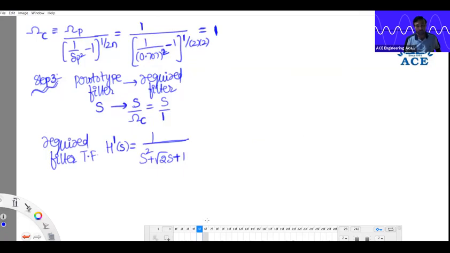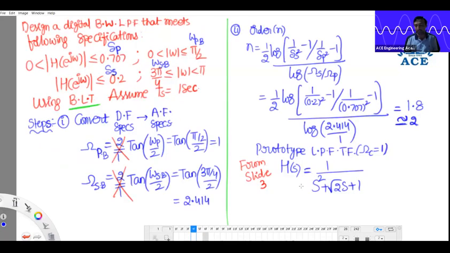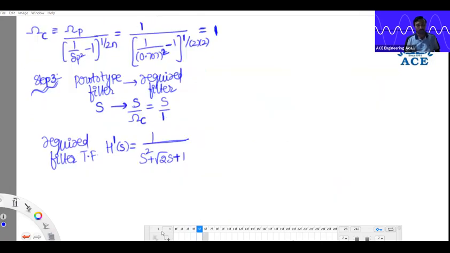Required filter transfer function is also the same. What is the reason? We got omega c as 1. Suppose omega c is 2, in our previous expression we have to substitute s by s by 2. Till here the third step is over.